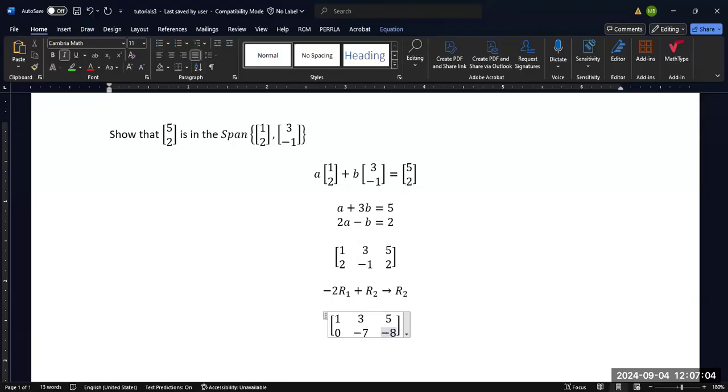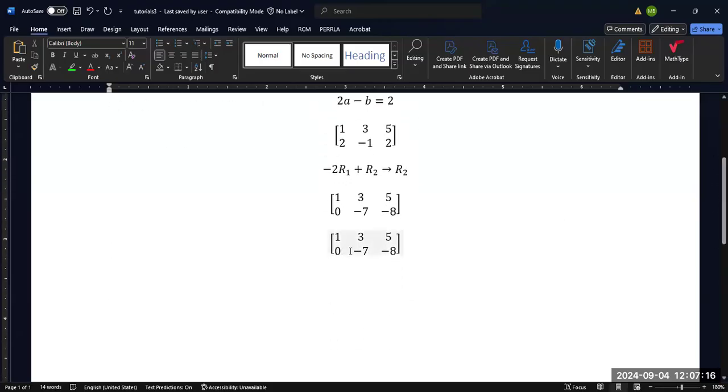And then I divide everything by -7 in my second equation. And that is going to give me a 1 and 8/7.